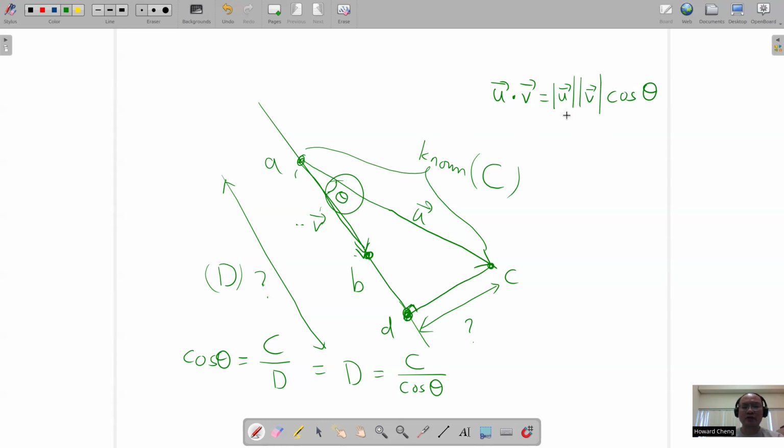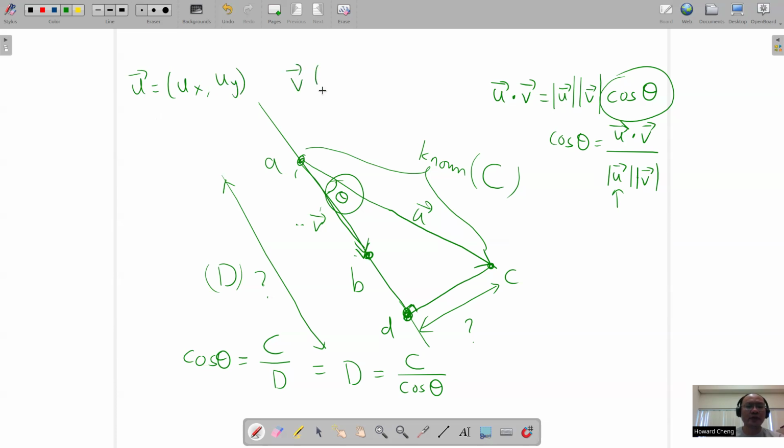In fact, you don't even need to figure out theta, you can just figure out cosine of theta, which is U dot V, the dot product. If you don't know what that is, we'll talk about that. These are the lengths. So if you have a vector U which is Ux, Uy, and V is Vx, Vy, the length of U is the square root of Ux squared plus Uy squared.